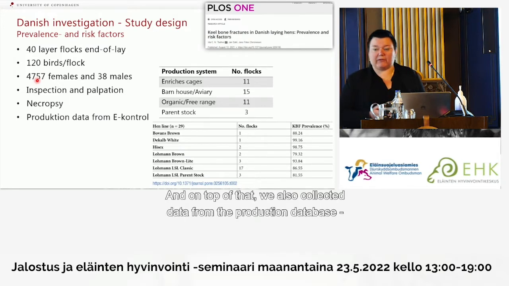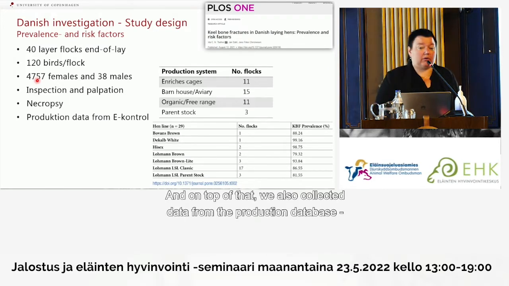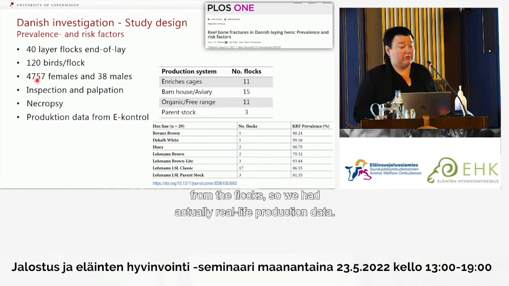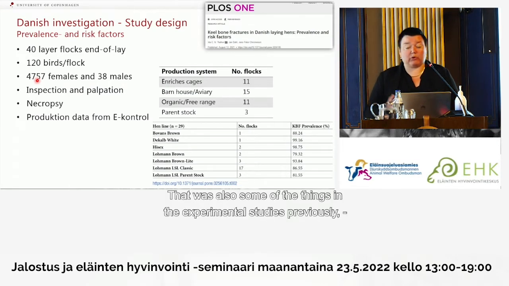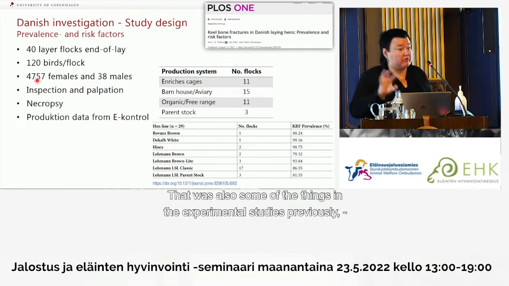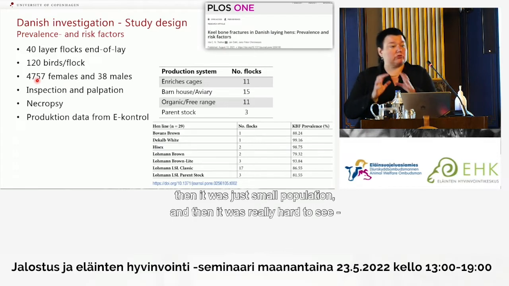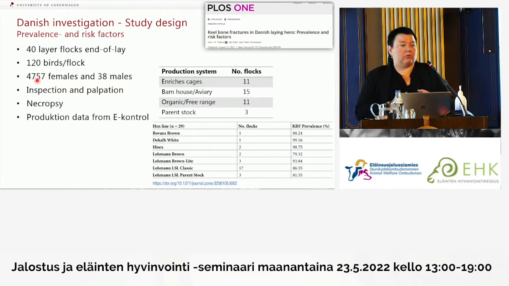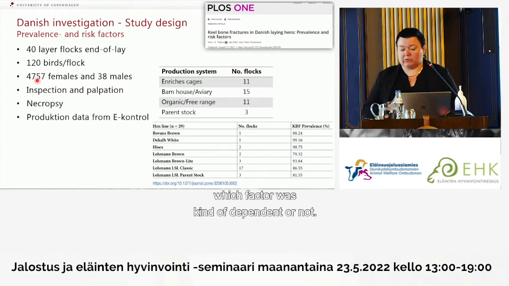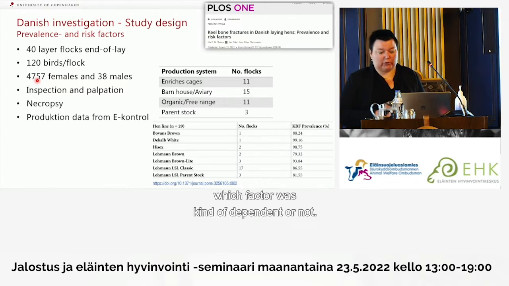And on top of that, we also collected data from the production database from the flocks, so we actually had real-life production data. In the experimental studies previously, it was just a small population, and it was really hard to see which factor was dependent or not.